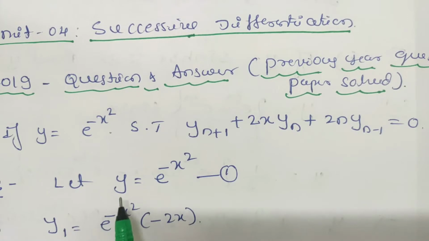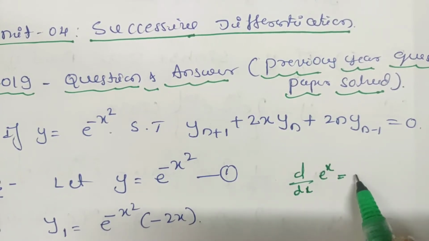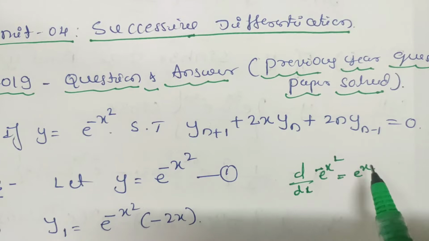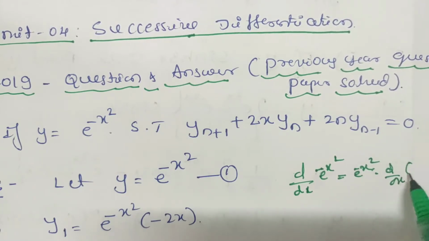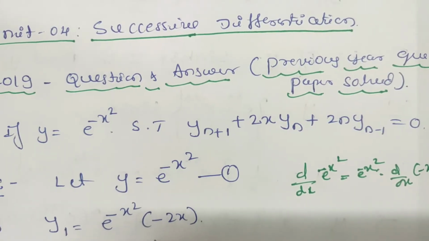So now let us differentiate this. Differentiating with respect to x, derivative of y is y1, which is equal to the derivative of e raised to minus x square. We know the derivative of e raised to x is e raised to x only. So in place of x we have here minus x square, so it is also the same, e raised to minus x square into the derivative of minus x square, that is minus 2x.